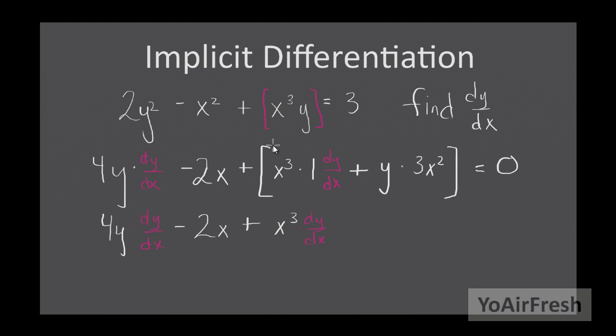And the second term, the plus here is positive, so it's plus 3x squared y equals 0.